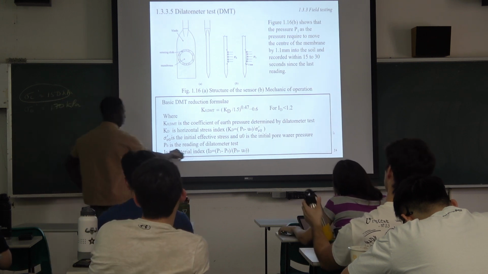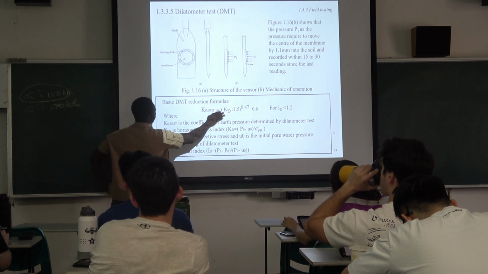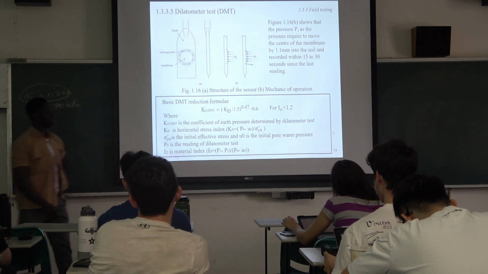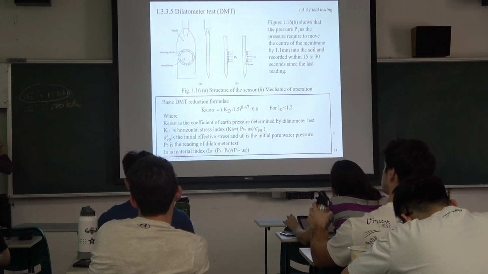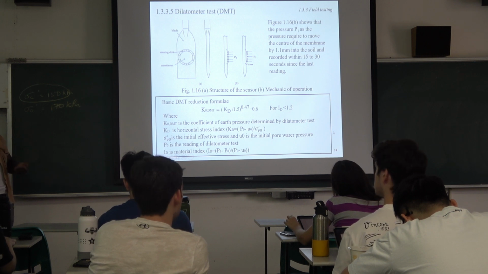And then ID is the material index, which is also related by these equations. Then they just use this to find this value. But there are so many formulations and correlations that they can use to find other parameters, for example, the OCR value for clay soils or the undrained shear strength.